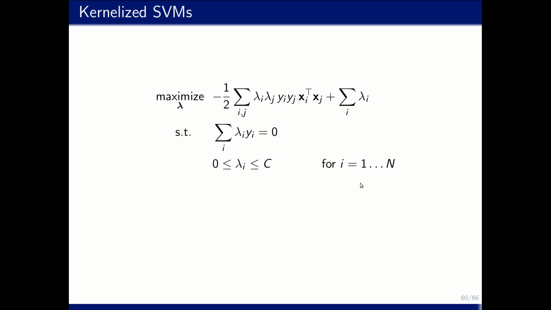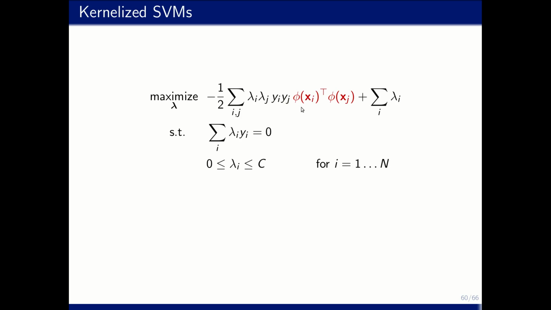So let's now apply the kernel trick to SVMs. To this end, here we have again our dual formulation of the support vector machine. And nice, here we have only these inner products of our feature vectors. In order to kernelize our support vector machines, we first conceptually replace our feature vector x with a transformed feature vector phi of x.